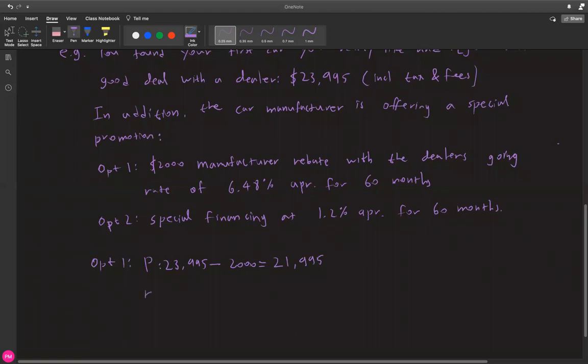But now the APR is going to be 0.0648. That's in decimal, which implies that your periodic interest, or the monthly interest, is 0.0648 divided by 12.